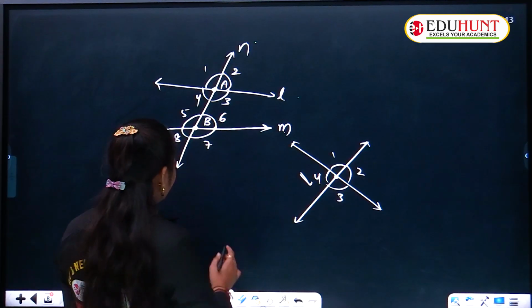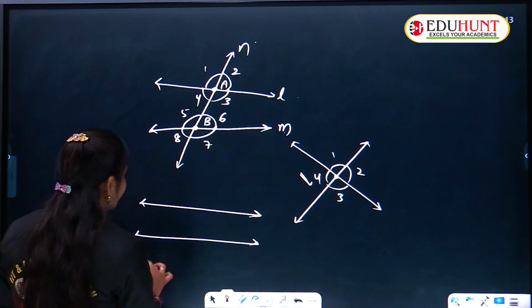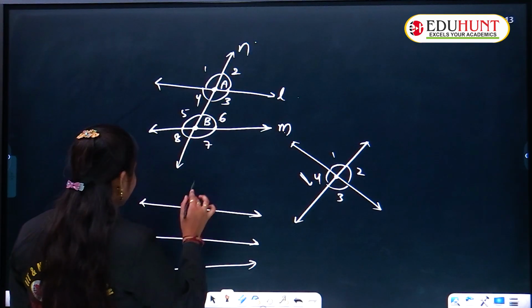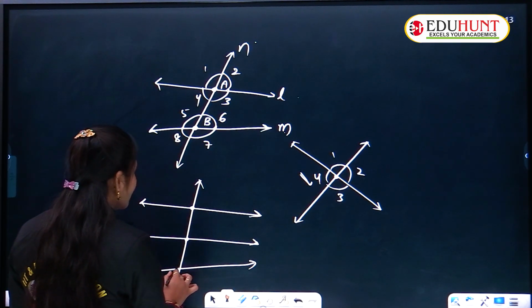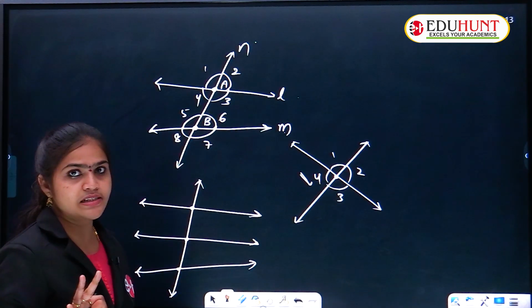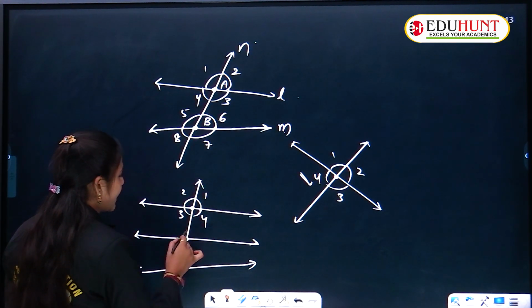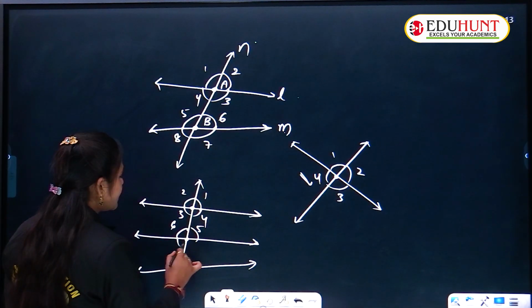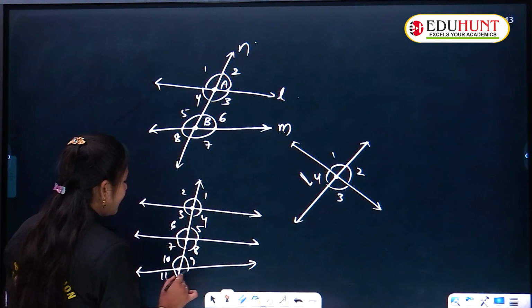And in the same way, take a transversal passing through 3 lines. How many angles can we observe? How many intersecting points are there? 3 intersecting points. At each intersecting point we can observe 4 angles. Then here 5, 6, 7, 8, and here also 9, 10, 11, 12.